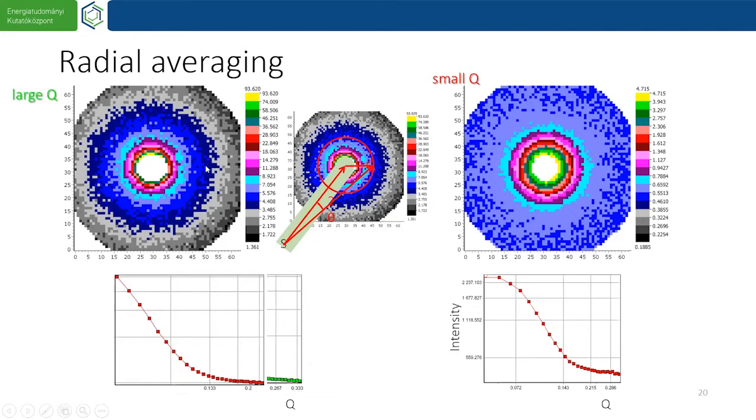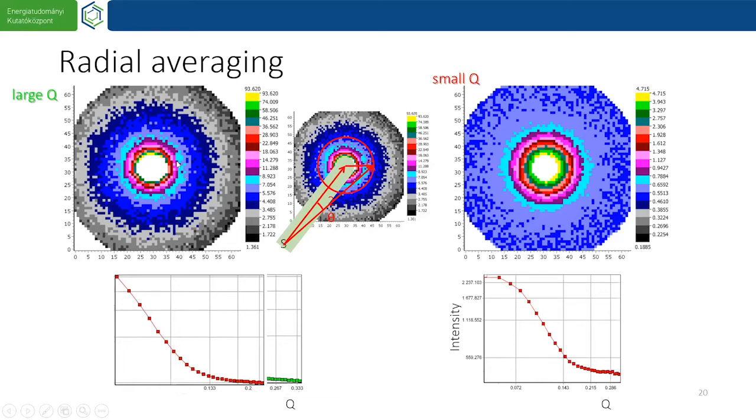So for processing this data, we make an averaging around the center of the scattering. We sum up the data in the pixels along the circles within a given range.